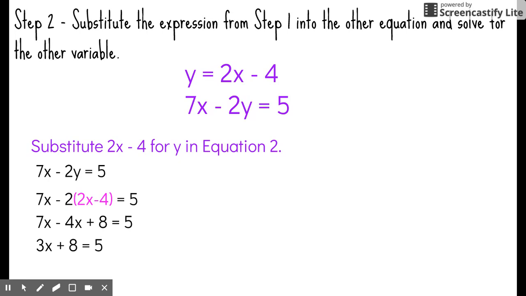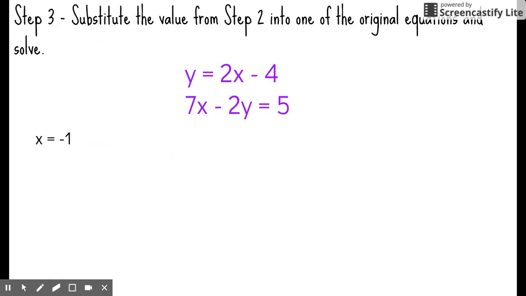Make sure you take down all of these steps in your interactive notebook. And finally, 3x equals negative 3, which gives x equals negative 1. Step 3 states to substitute the value from step 2 into one of the original equations and solve.